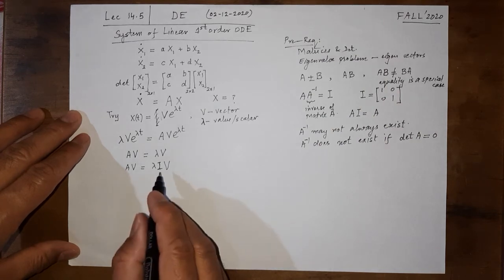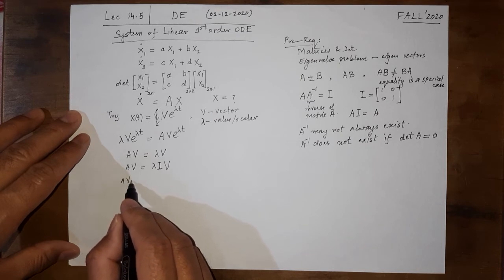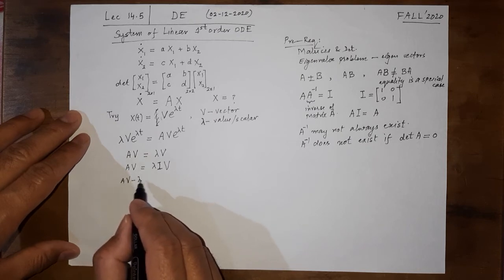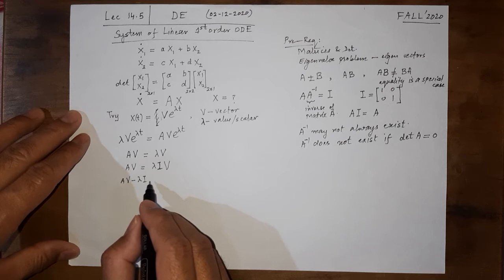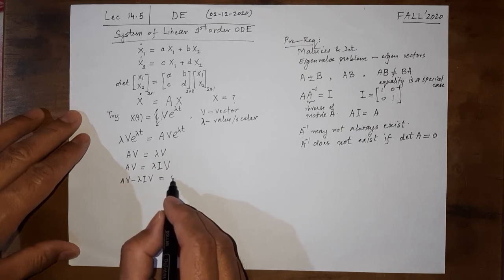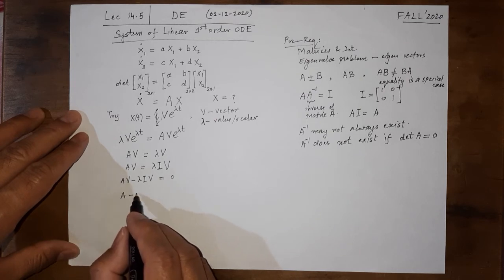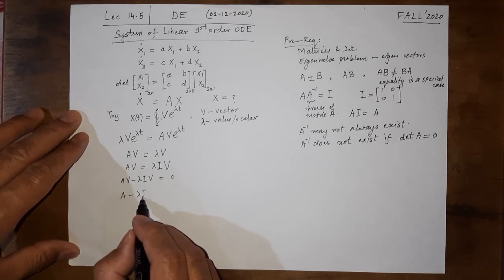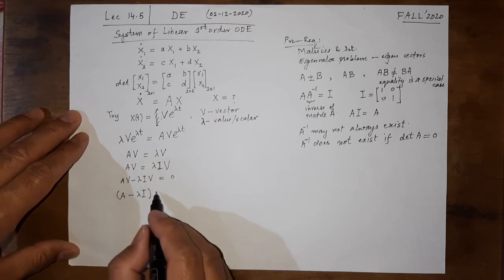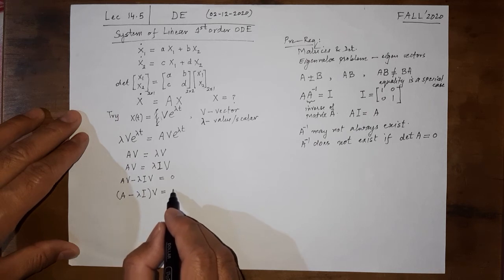And if this is the case, then we can write this as A minus lambda, which is a scalar, times I, which is a 2 by 2 identity matrix, times V is equal to 0. We can write this as (A minus lambda I) V, to be equal to 0.